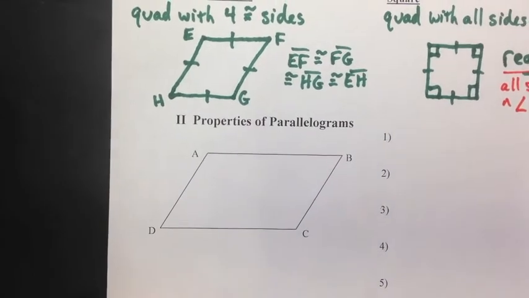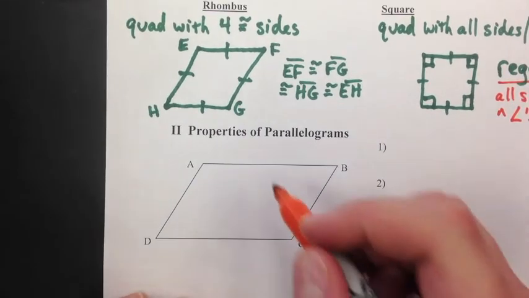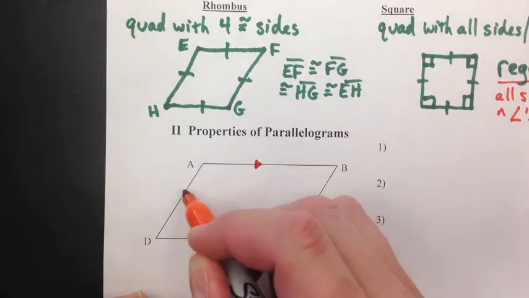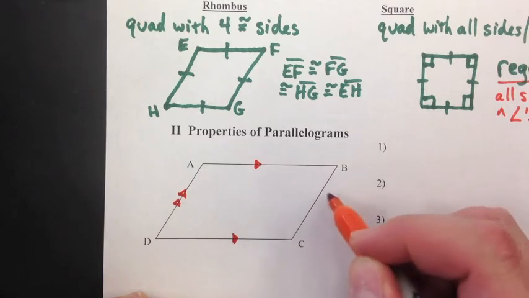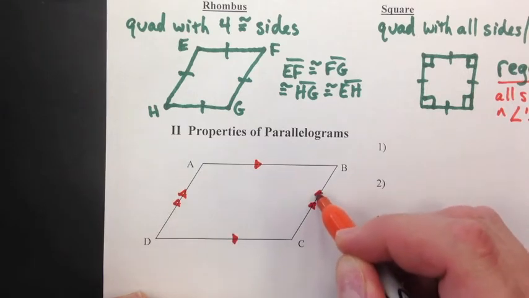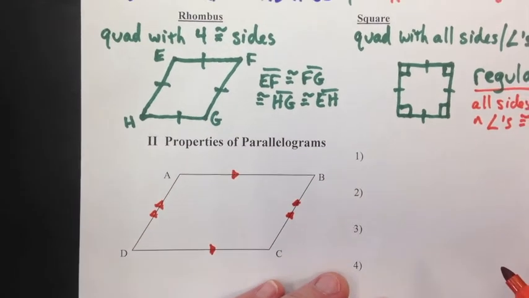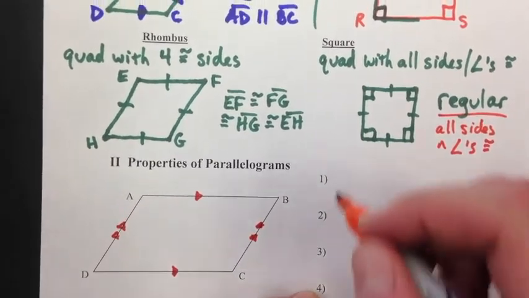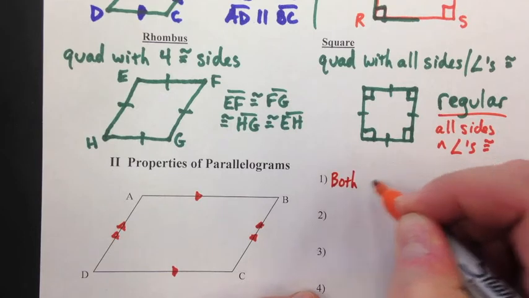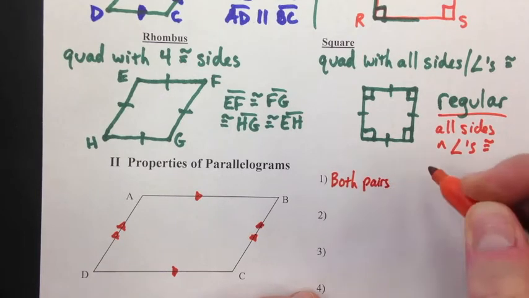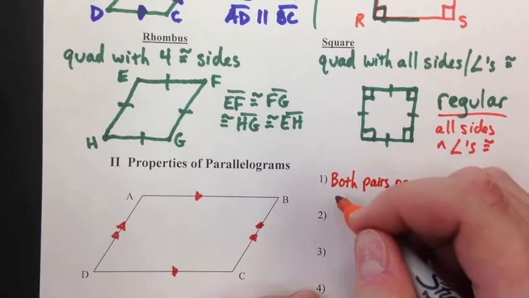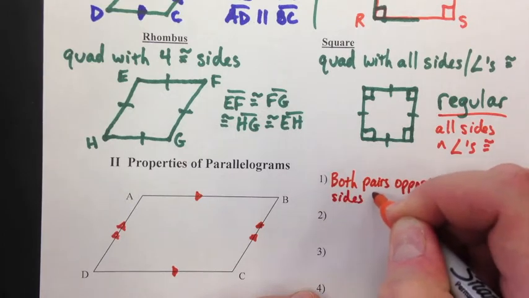Well, the first one, we already have this, but I'll label it again. We know that the opposite sides, both pairs, are parallel. So what we'll write down, number 1, on the side, is both pairs of opposite sides parallel.